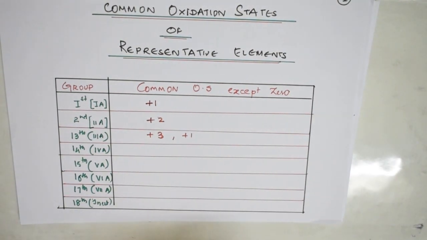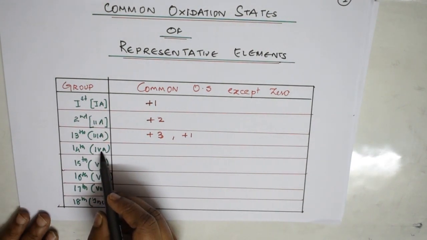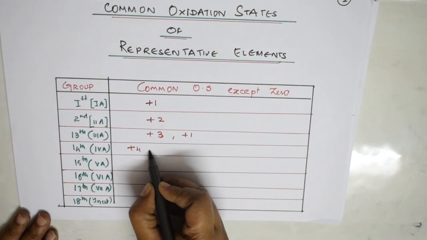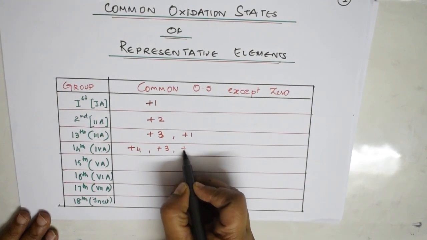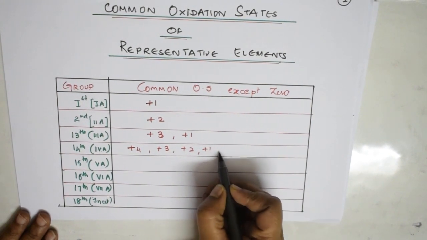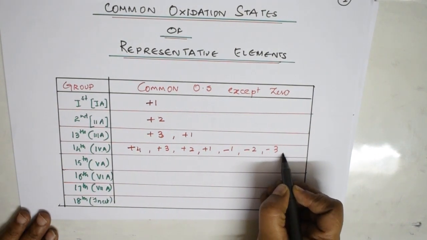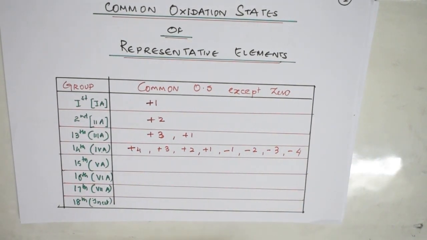I'm giving these oxidation states because we'll be applying them in examples, right? In the 14th group, the common oxidation states are +4, +3, +2, +1, -1, -2, -3, -4.